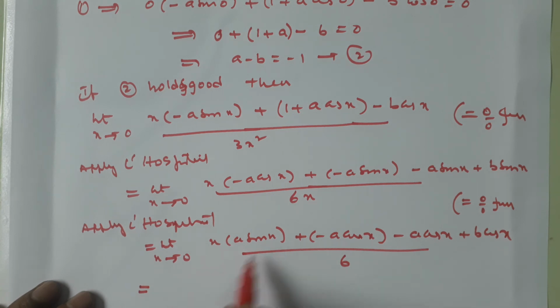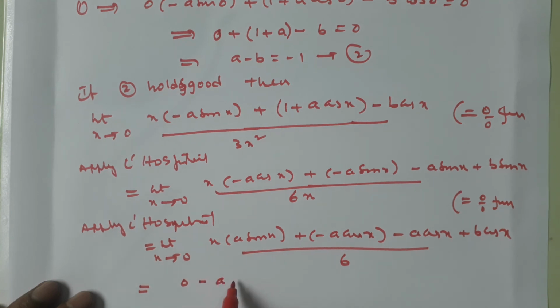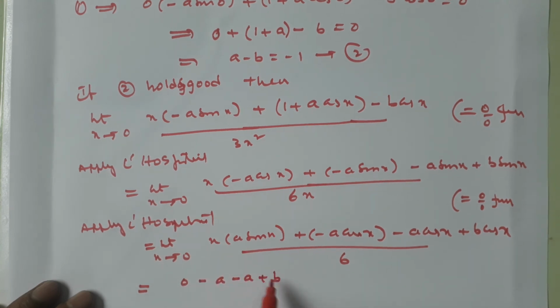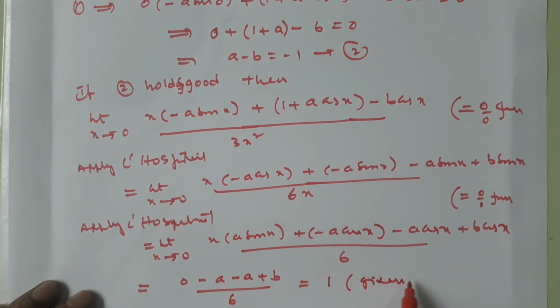Applying the limit x tends to 0: 0 minus a plus b divided by 6 is equal to 1, the value given in the problem.